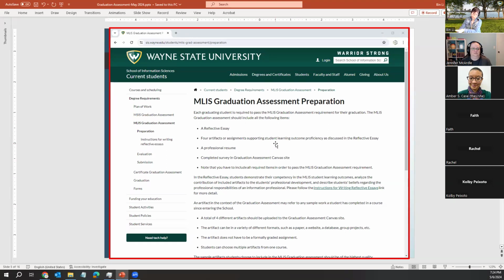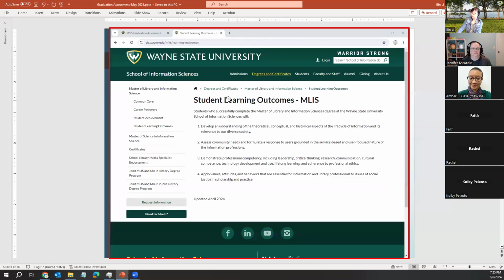It's also linked somewhere from here. And this is the discussion for our degree, and then this place for learning outcomes. So this is where you get the learning outcomes. I think students should know about this when they enter the school. And so this is what will happen.